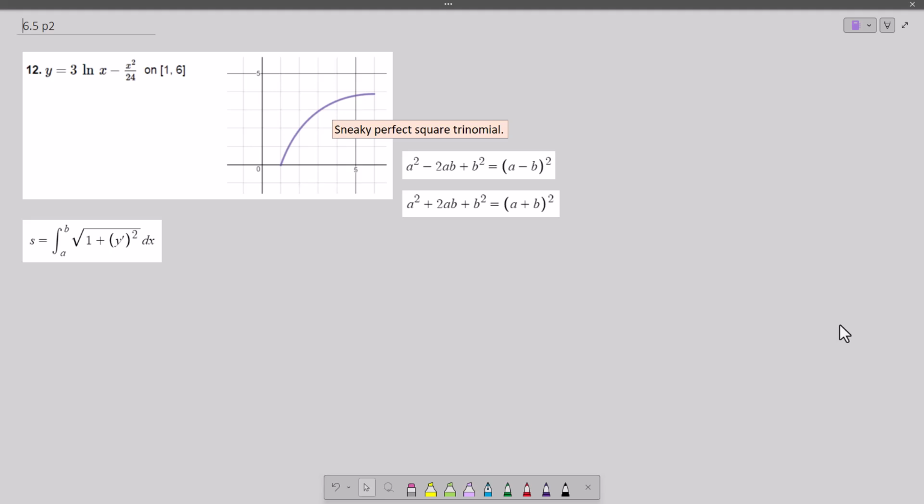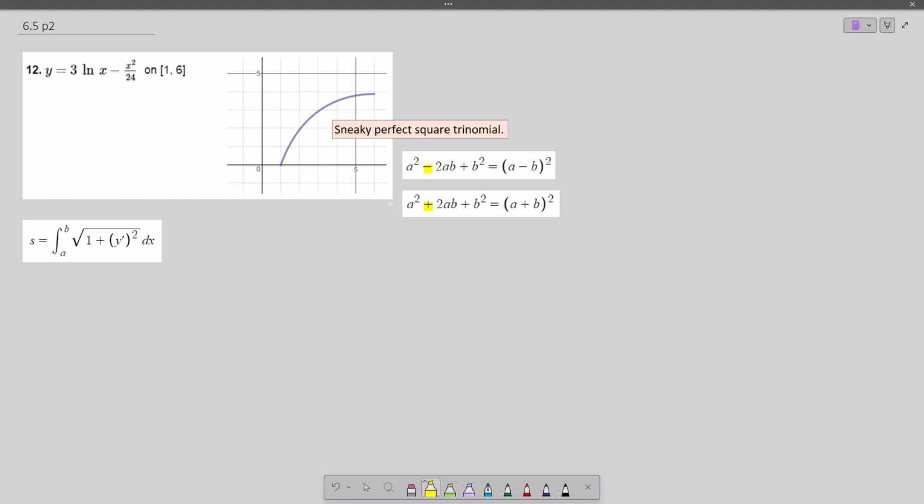The perfect square trinomials and how they factor. If you go from the right to the left, you're foiling. If you go from the left to the right, you're factoring or unfoiling. Those make sense? The only difference between these two perfect square trinomials is the signs right there. Okay, keep that on the back burner.